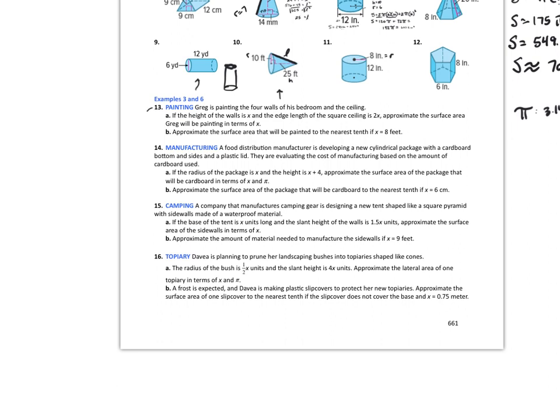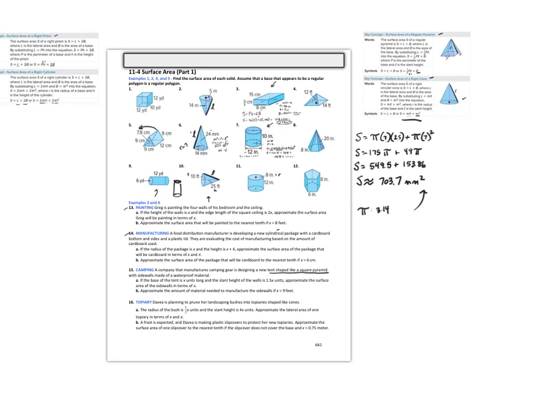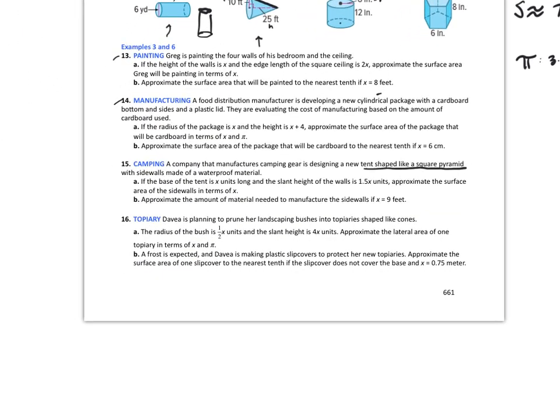They're painting 4 walls, so we're using rectangles, a rectangular prism, right? Manufacturing, they're developing a cylindrical package, so we're using the formula for a cylinder. Number 15 is camping, a tent shaped like a square pyramid. So there you go, we're using the regular pyramid for surface area.